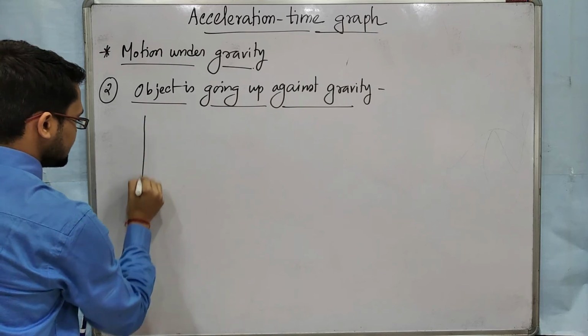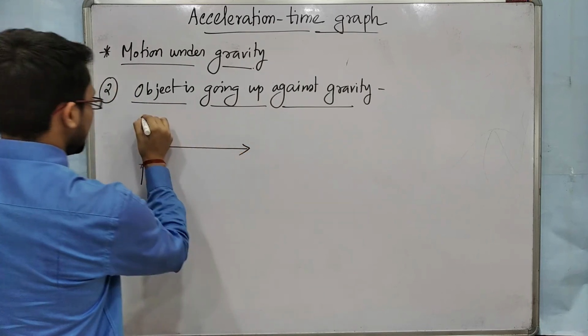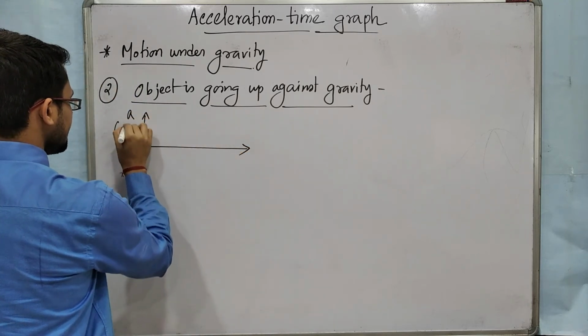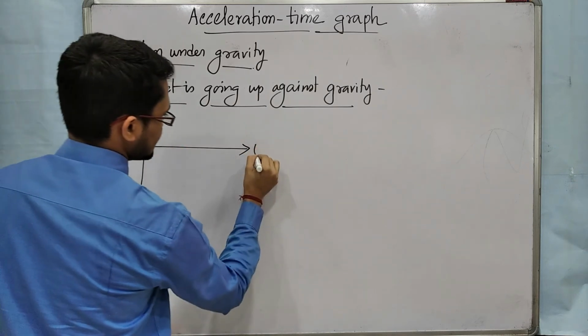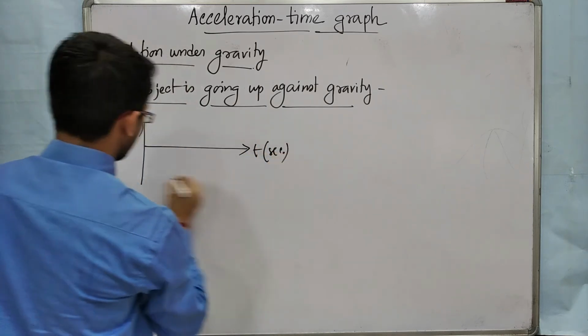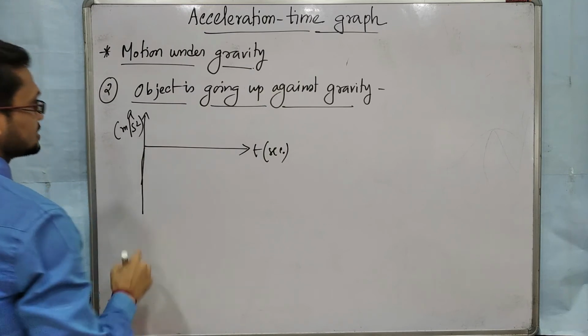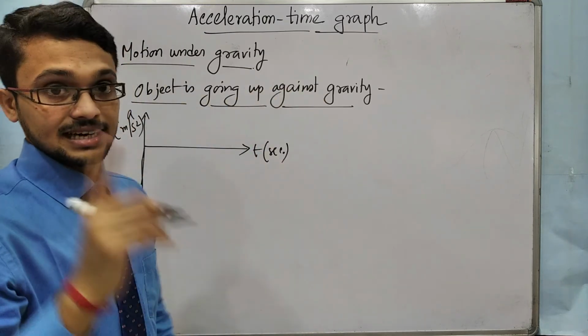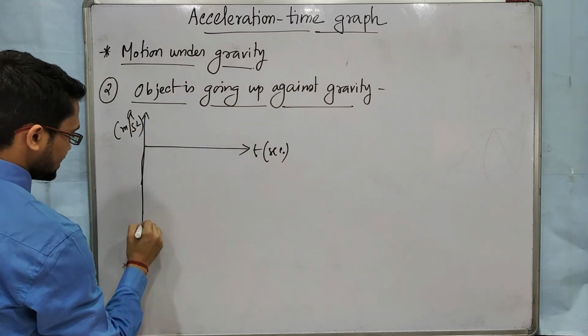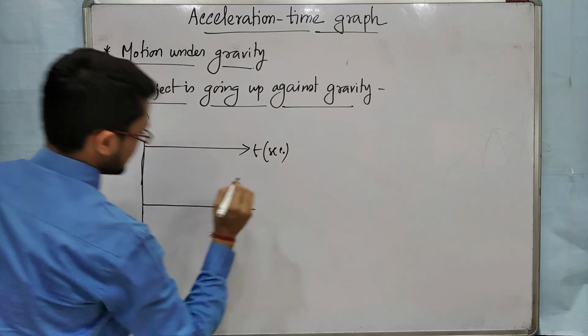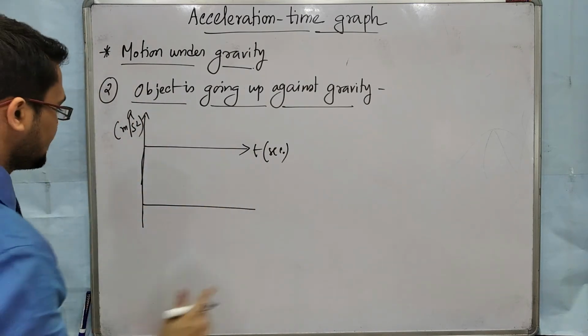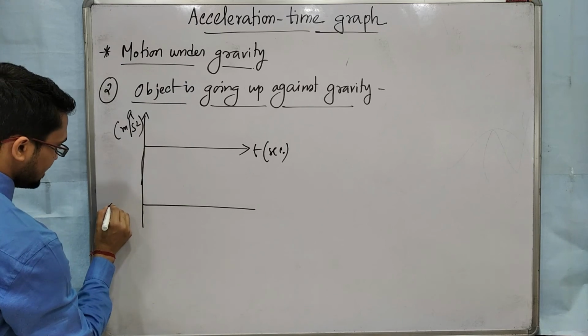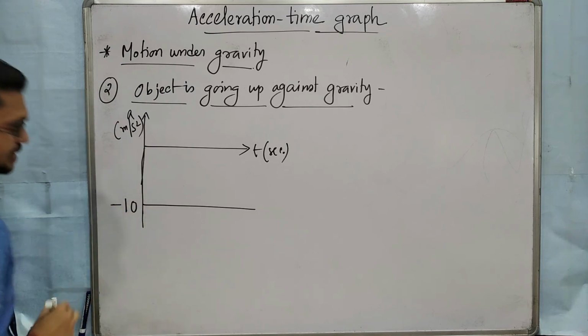Okay, so first I am drawing the curve acceleration versus time. Okay, here this statement represents retarded motion, and the value of retardation is the value of acceleration due to gravity, negative acceleration due to gravity, that will be minus 10.